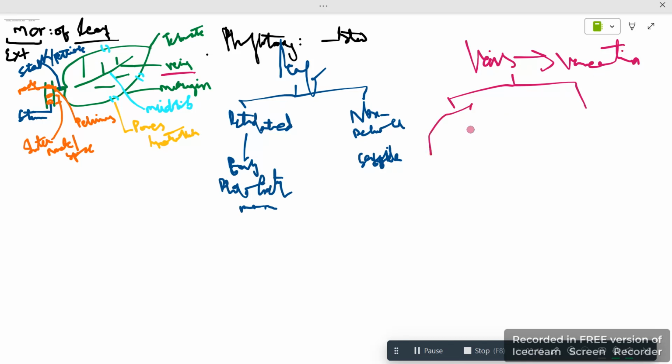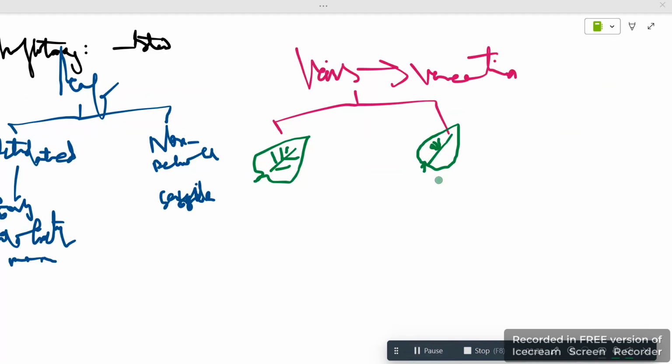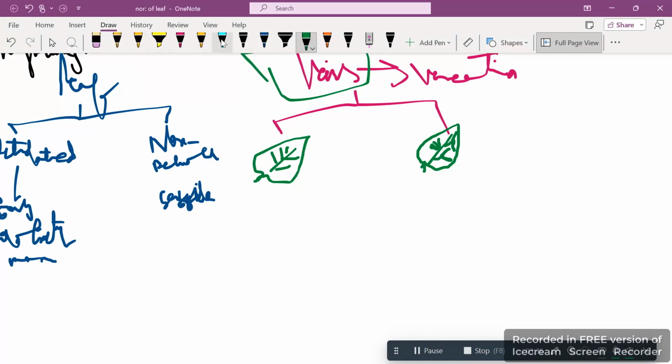So here you will see the structure. Let me just tell you so that you can differentiate. Yes, these are the veins. The arrangement of veins is known as venation. So you will find two kinds of structure.